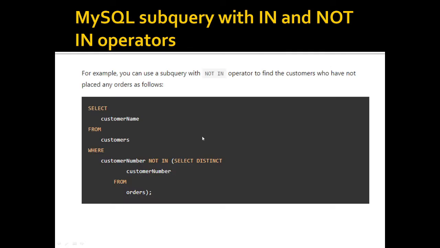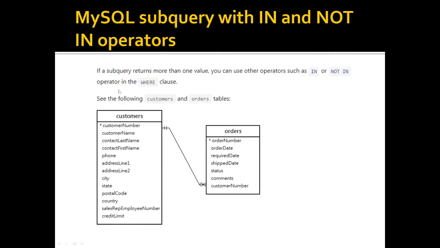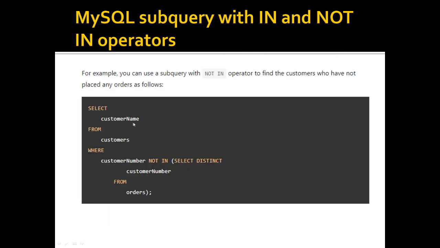So for example, you can use a subquery with the not in operator to find customers who have not placed any orders. As you notice here, a customer can have zero or many orders, so it is possible for a customer to have not ordered yet. That is what we're looking for in this subquery. We would like to get the names of customers who have not ordered yet.